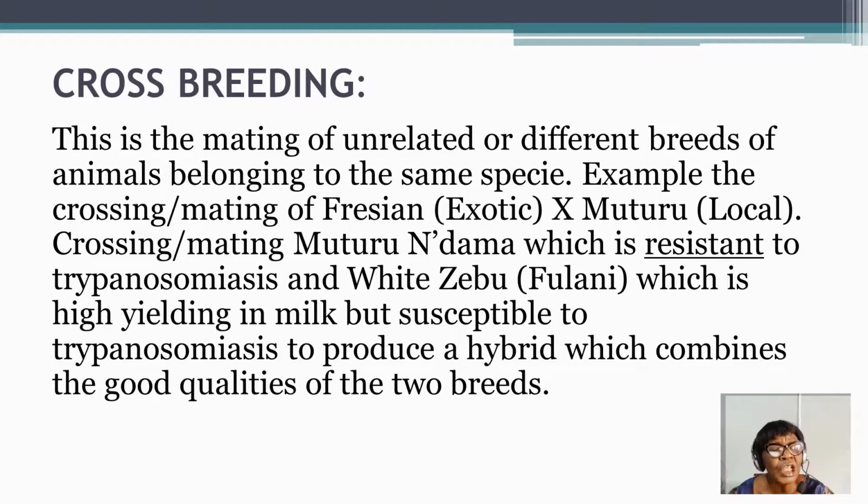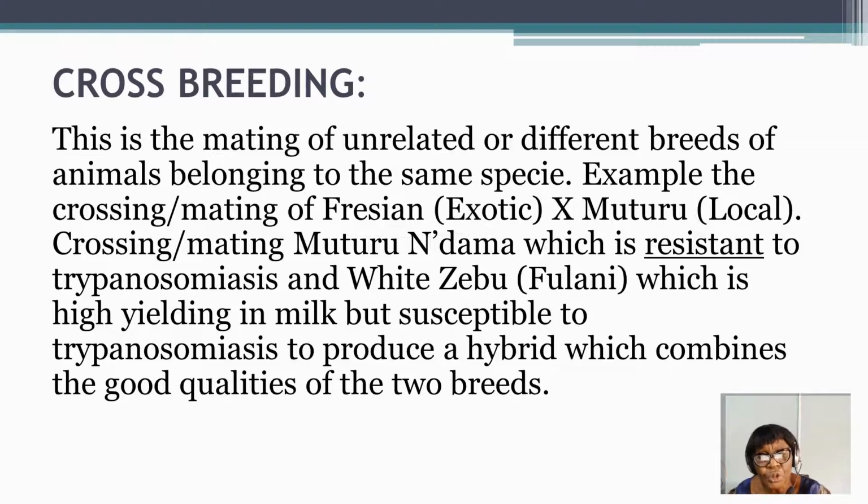Example: crossing a Fresian cattle, which is an example of an exotic, foreign cattle, and then you mate it with our local Muturu. Muturu is our local cattle we have in Nigeria.